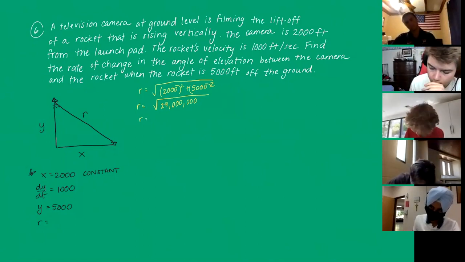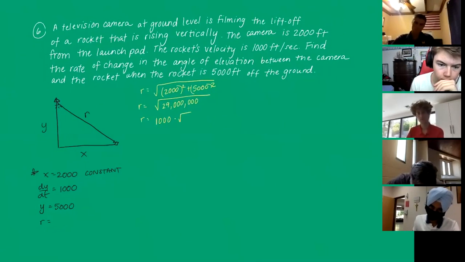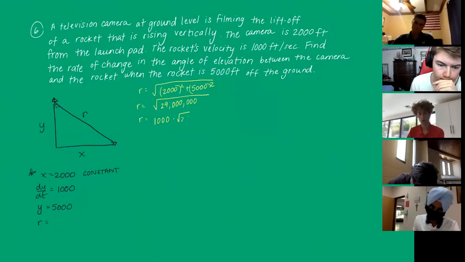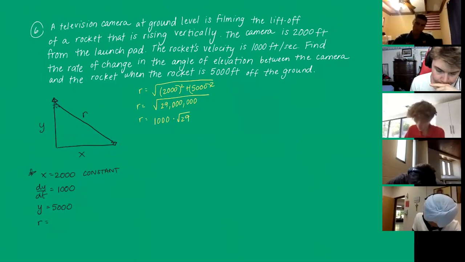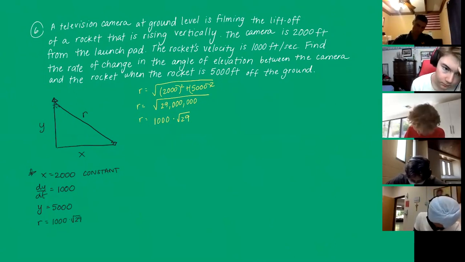You heard how I did that math. 2 squared, 5 squared, those are easy things to think about. We end up getting 1,000 out of this square root, times the square root of 29 inside of that square root. So that's our R equals. So I'm gonna add that over here to JJ's list of given information. 1,000 times the square root of 29.